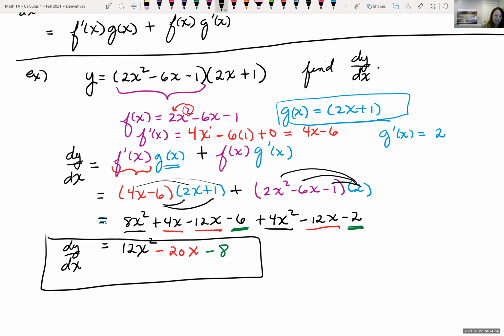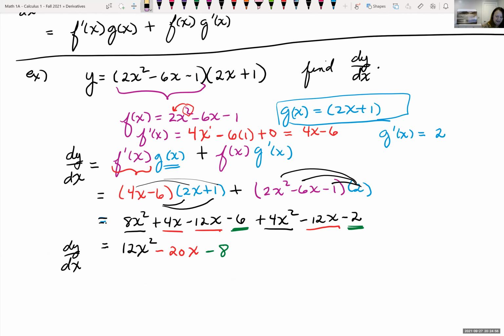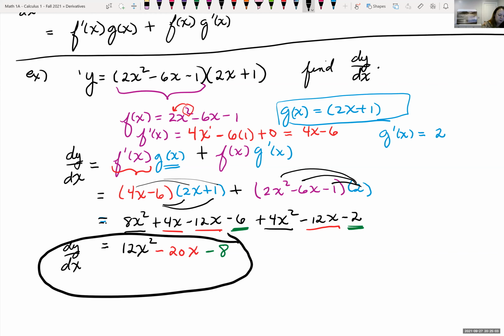I think there's actually an easier way in this case. The easier way would be, we could first expand. We can first multiply this out and then take the derivative.